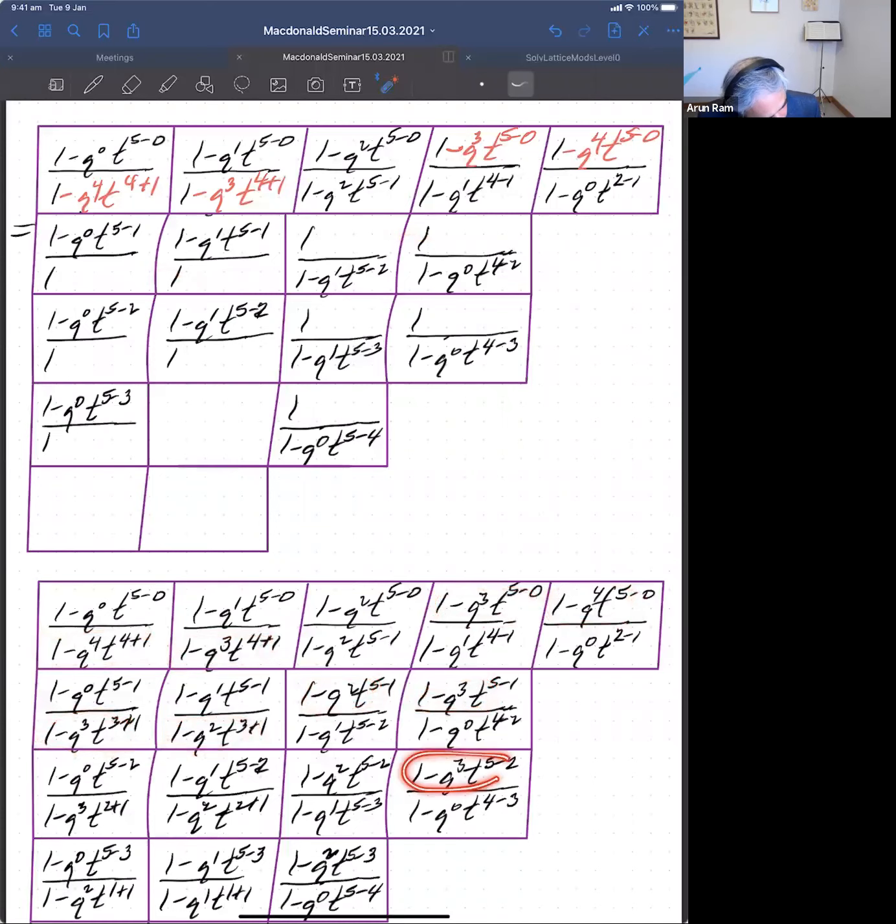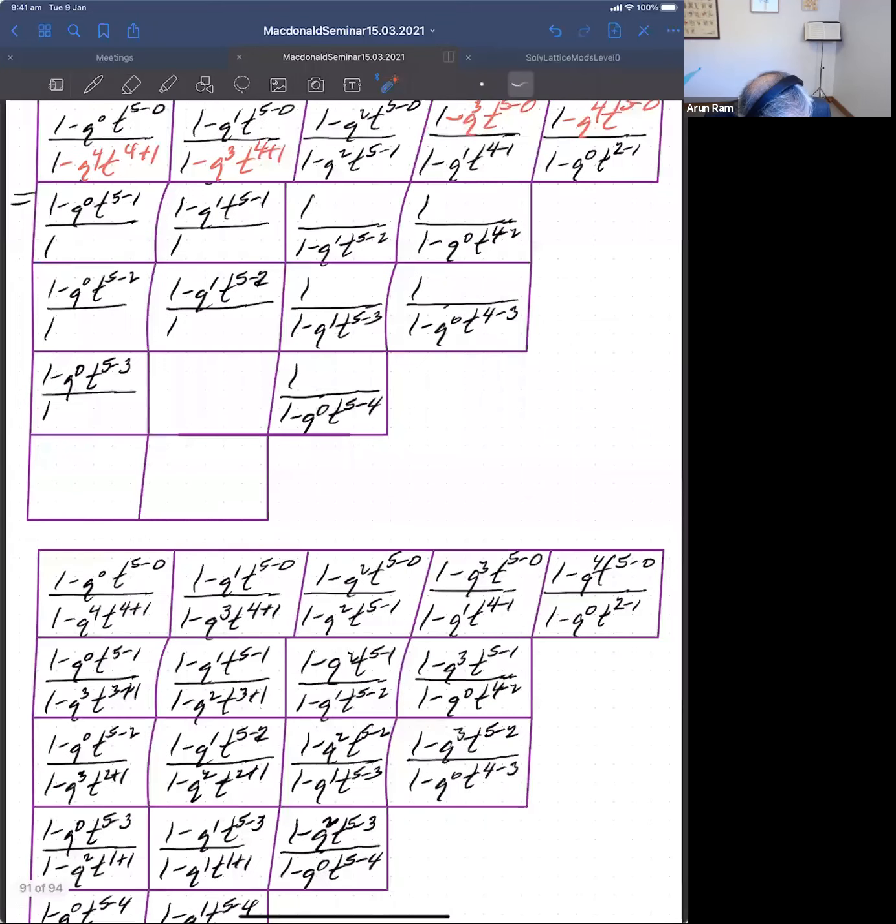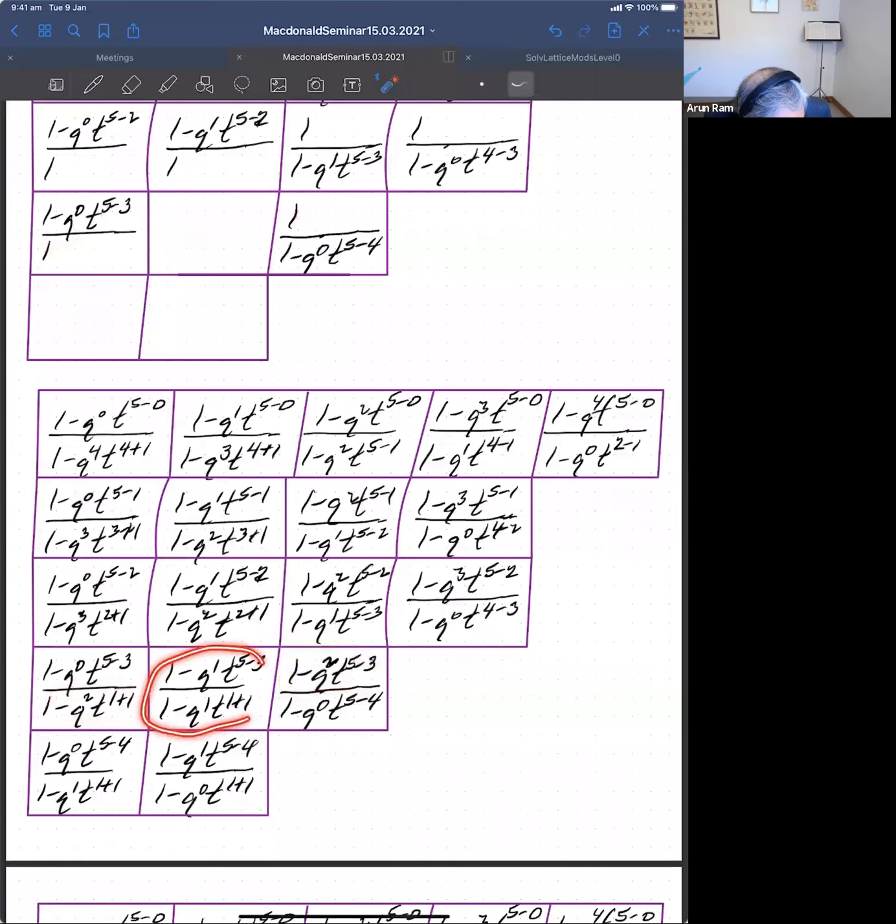And then these two terms cancel with these two terms, which takes care of the ones that I had before. And then the same thing here. This term cancels with this term to take care of those two. And this empty box is filled with 1, because the numerator and the denominator both cancel each other.